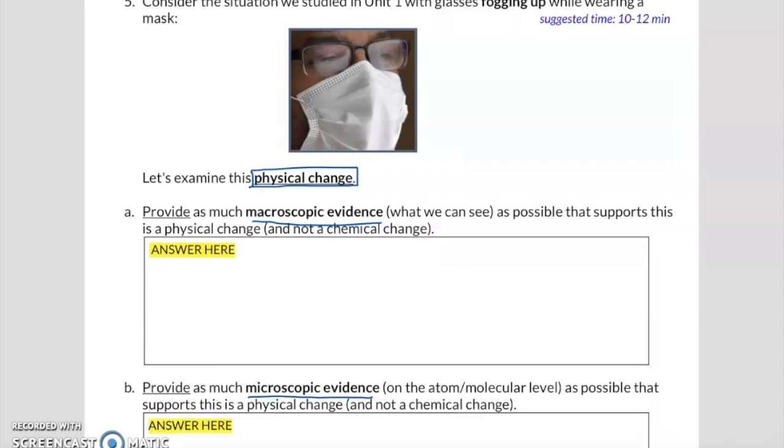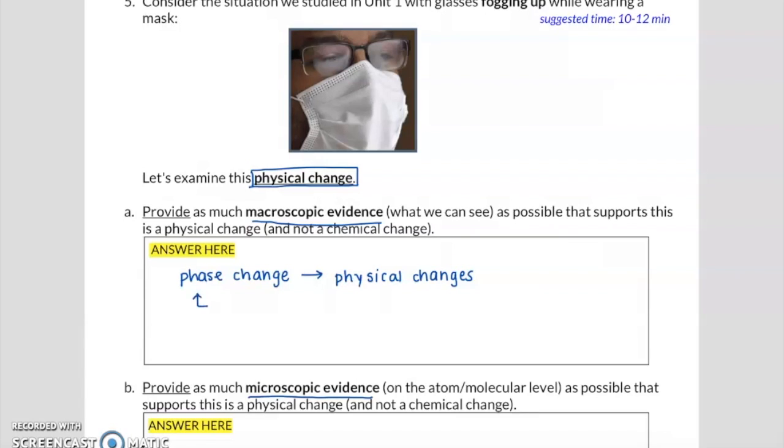The first important thing to realize about what's happening with glasses fogging is that there is a phase change going on. And that alone, we know that phase changes are not creating new substances, they're just changing between solid, liquid, and gas. So those phase changes are automatically going to be physical changes. Now you could dive deeper into what type of phase change is happening.